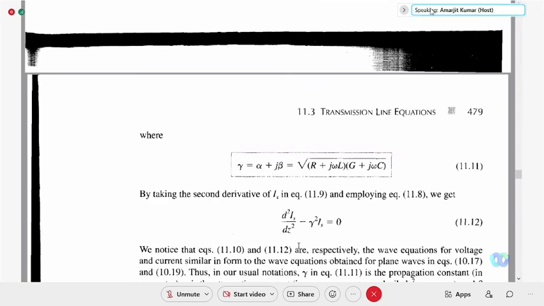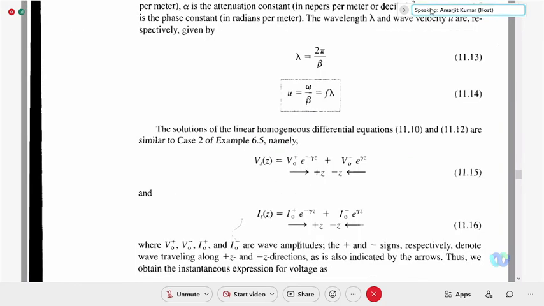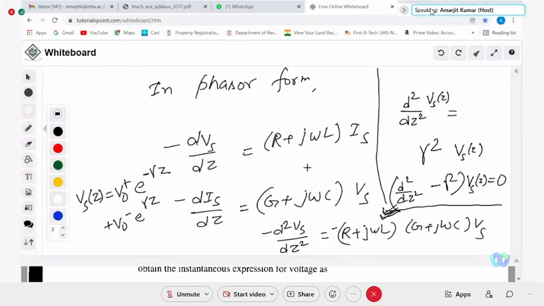Similarly for current also. See, V_s(z) is equal to V naught plus e to the power minus gamma z, the same thing. So that will be the solution for this. You have done this thing.